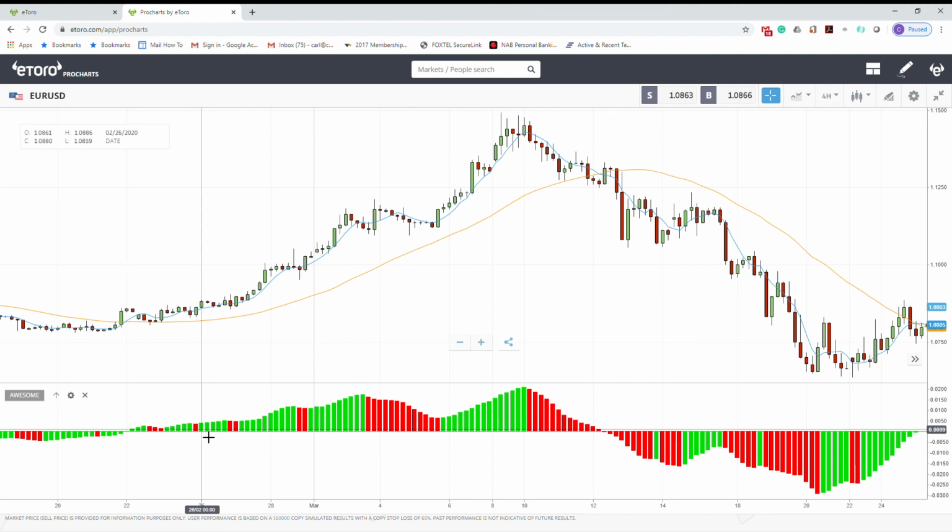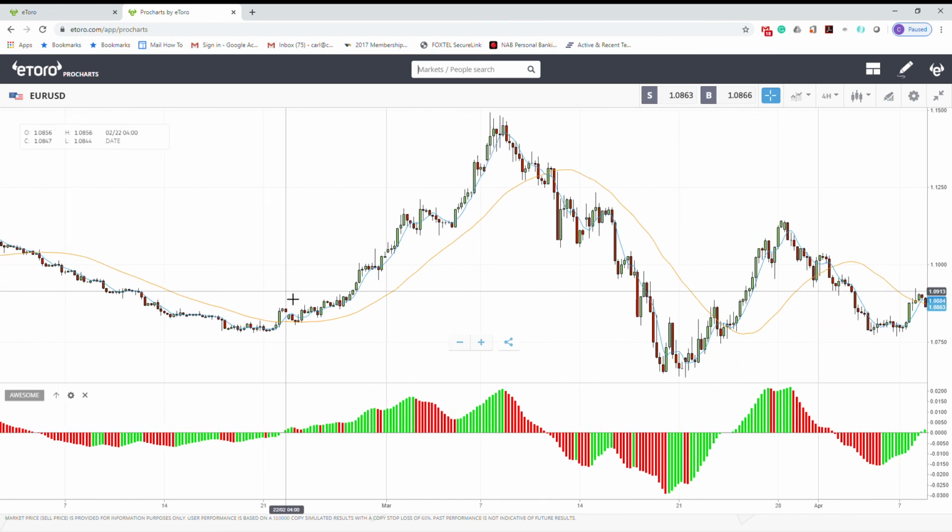So here it gives you a good buy signal when you are already in a bull market. You can enter the market here, take advantage of the signal and take a profit.